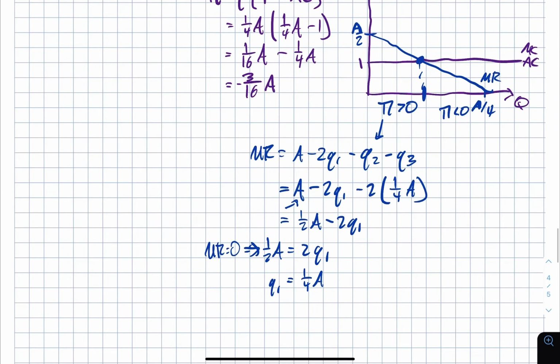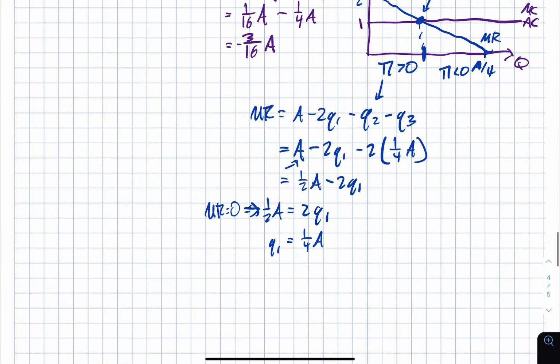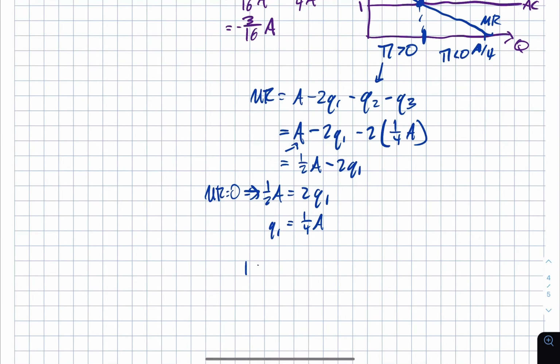So what we need to check here is where this point is. What's this quantity? To do that, we just set our MR equal to 1. So 1 is equal to 1/2 A minus 2Q1.